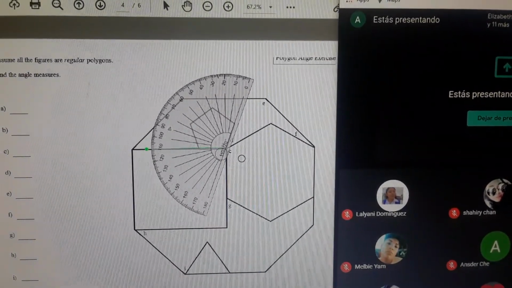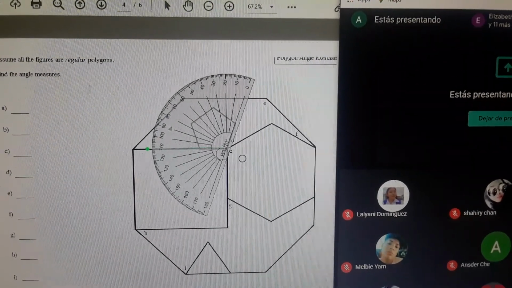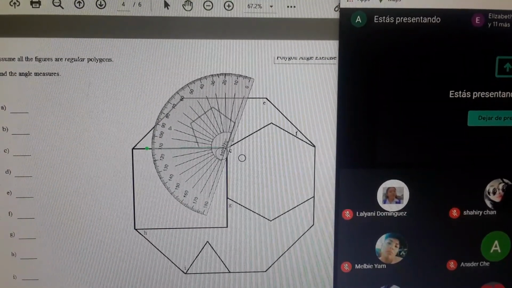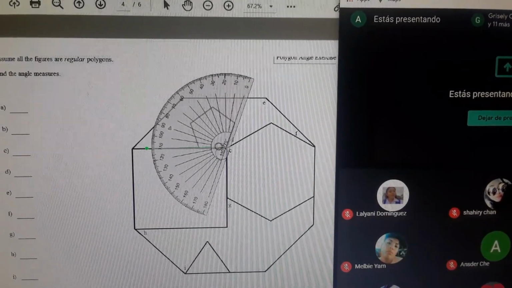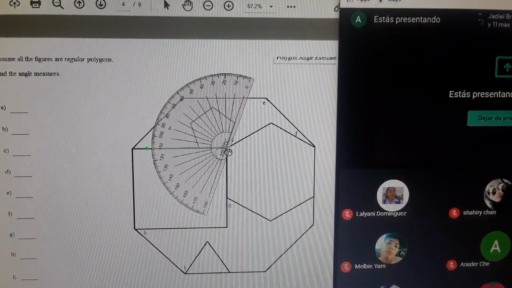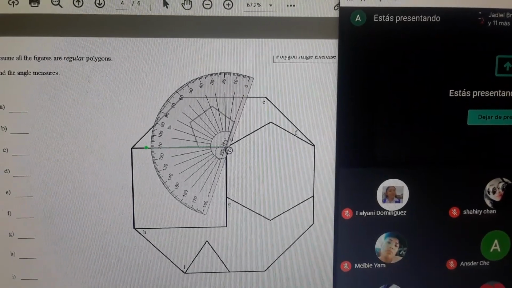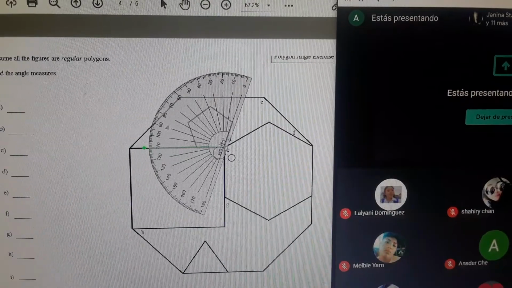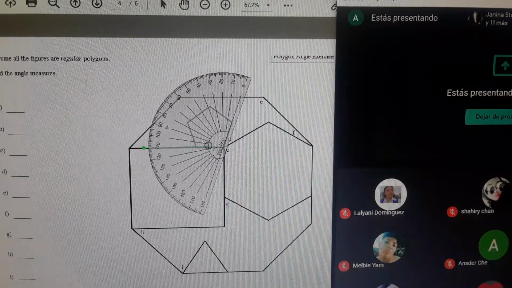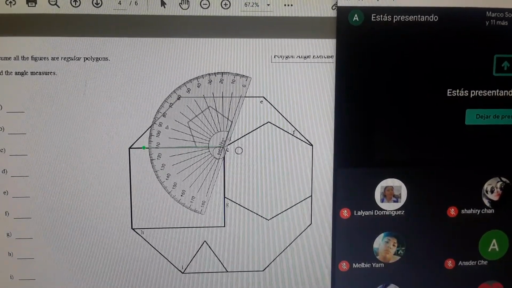So if we measure the angle from here, how much will be the angle? Anybody? Can you see the value right here? What is the value of this angle, guys?